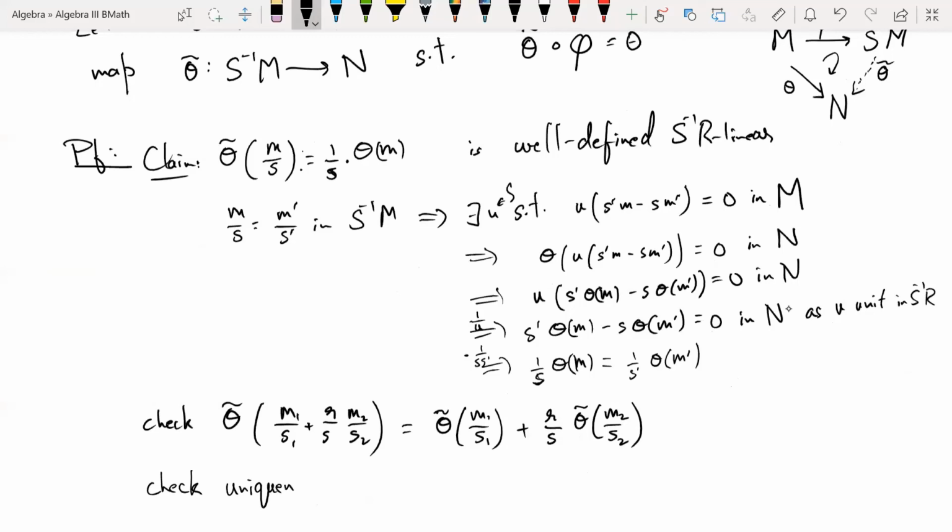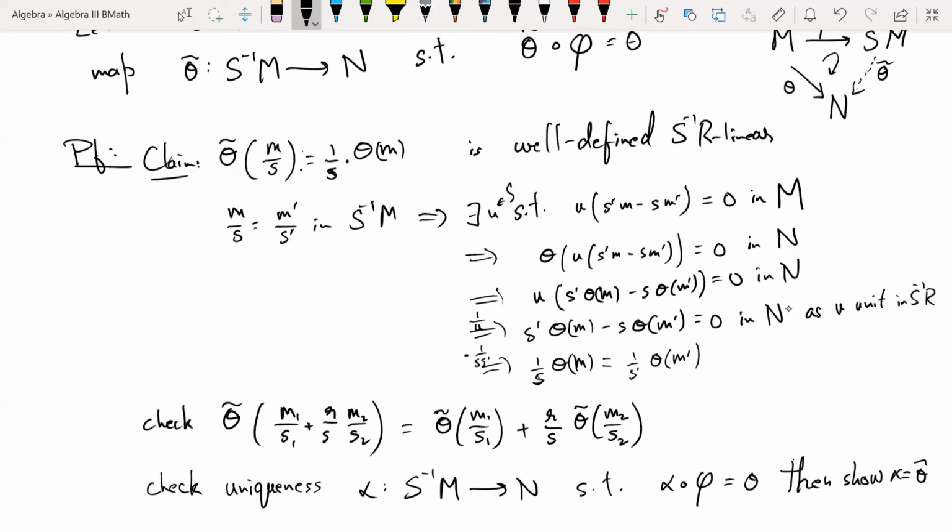How do you check uniqueness? Suppose alpha is another map from S inverse M to N such that alpha composed with phi is equal to theta. Then show alpha is equal to theta tilde. On particular values it's going to be the same, because alpha composed with phi has to be theta.